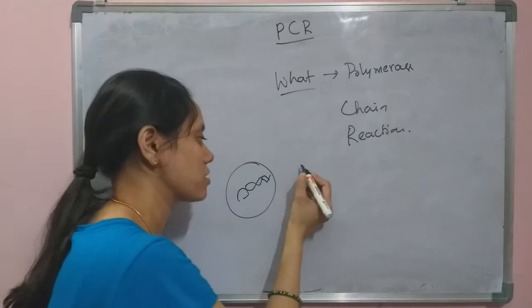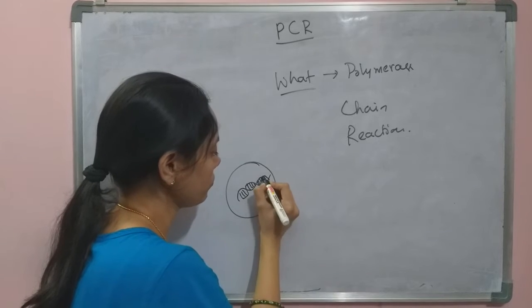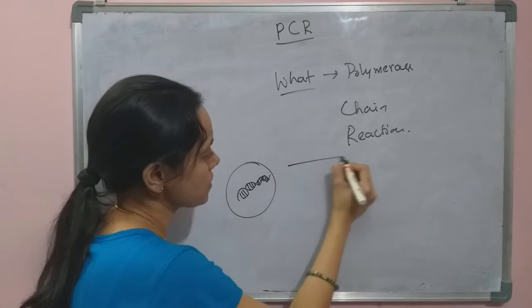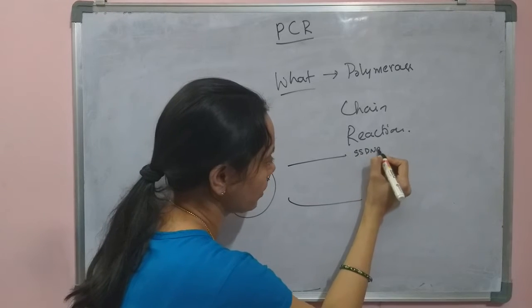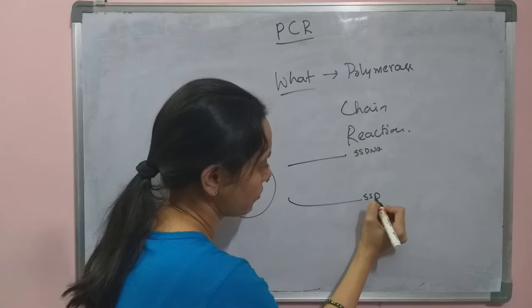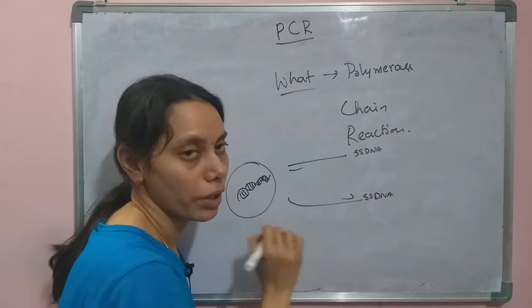For that, first the two strands of DNA will be separated into two single strands, and primers will be binding.